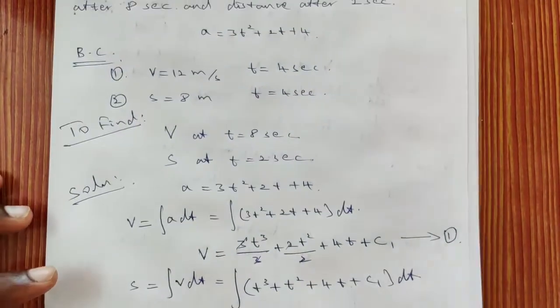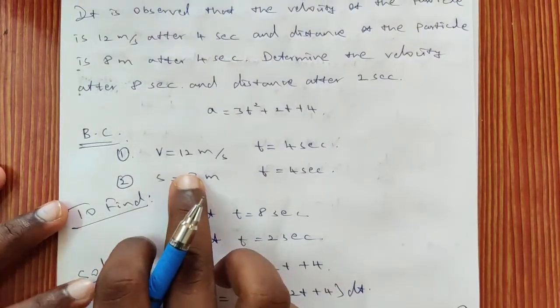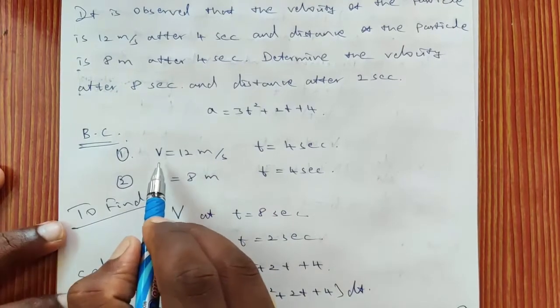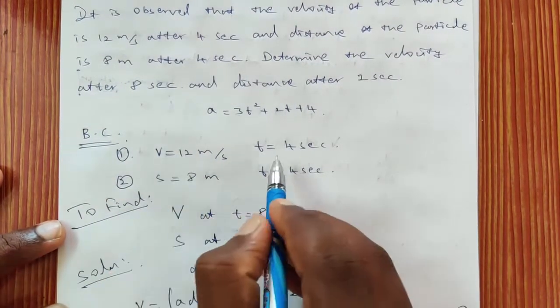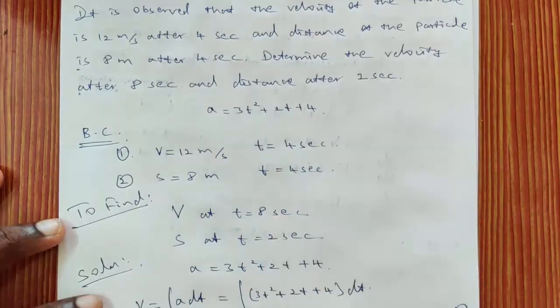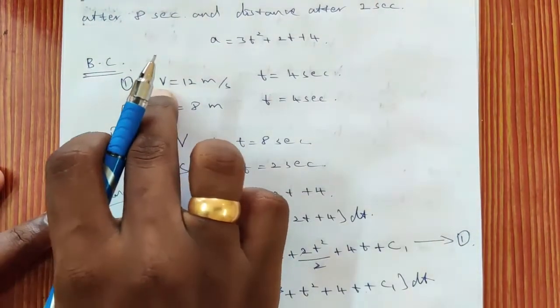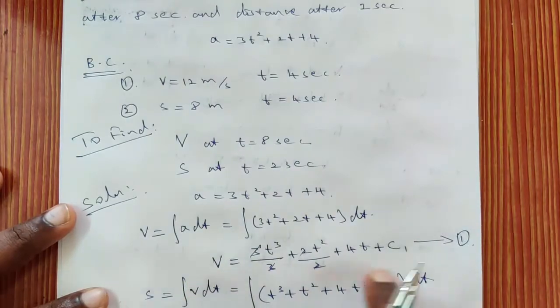Okay, so now go back to the boundary conditions. So the first boundary condition is given, that is velocity. So velocity at t is equal to 4 seconds is given. So first we have to substitute the first boundary condition in the velocity equation.